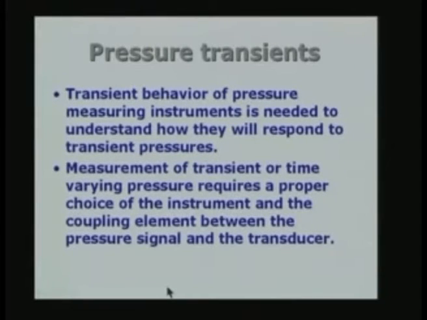As I mentioned in the previous lecture itself, pressure transients occur in practice in many measurements. The pressure which we are going to measure is going to fluctuate or vary with respect to time. An example would be the pressure inside a cylinder of an internal combustion engine.